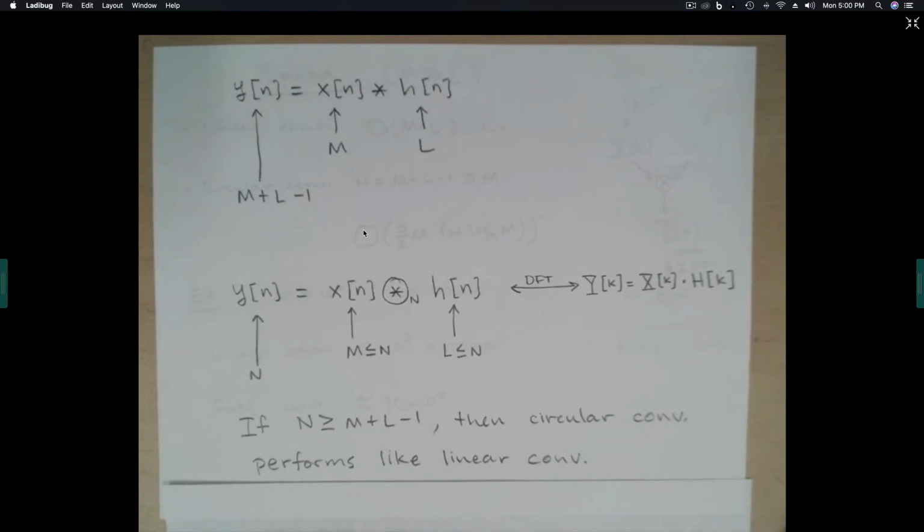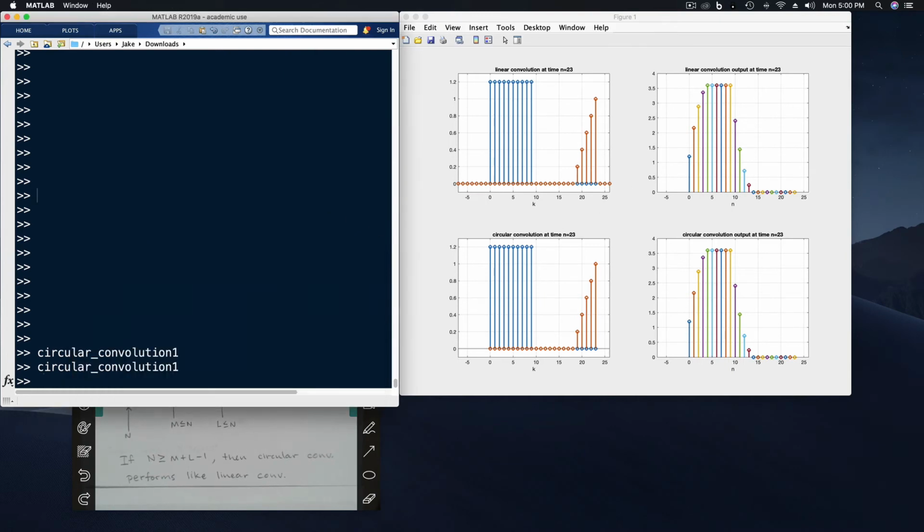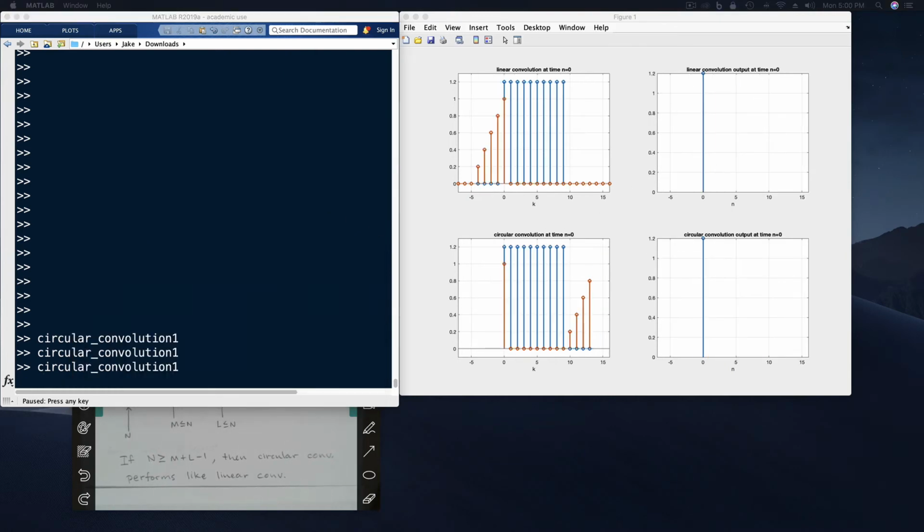Let's check this out in the Matlab example. I'm going to go back and let N be equal to the very minimum, M plus L minus 1, and let's run this example again. So here we are. We've got the same things as before. We have linear convolution on the top, circular convolution on the bottom.